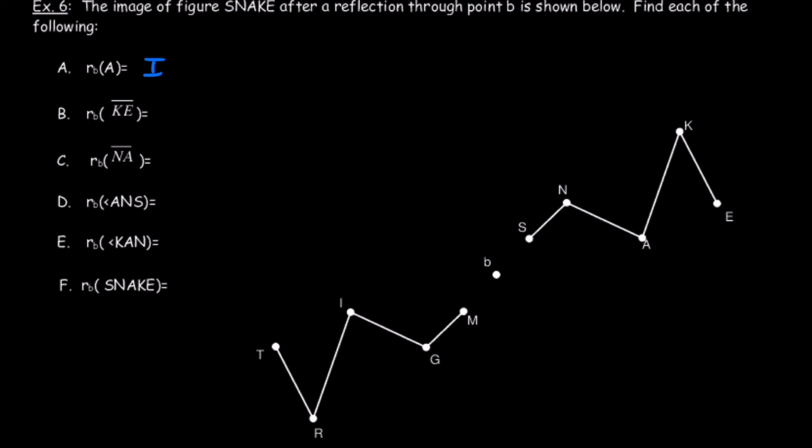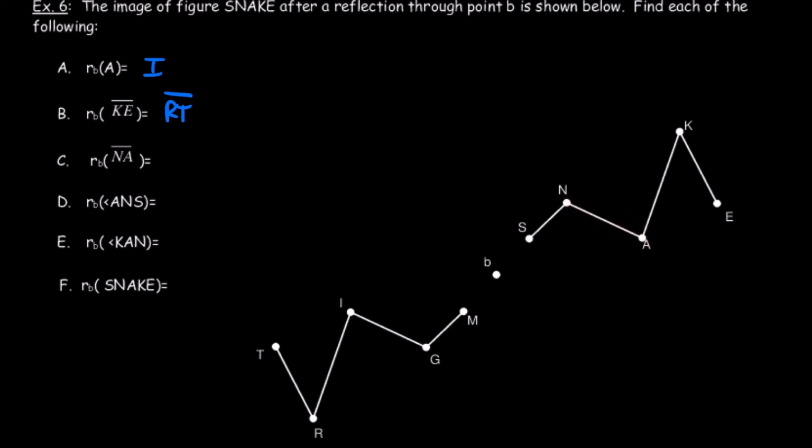How about KE? I know it's kind of far away, but K goes to R, and E goes to T. So KE gets reflected to RT. Next, we have NA.